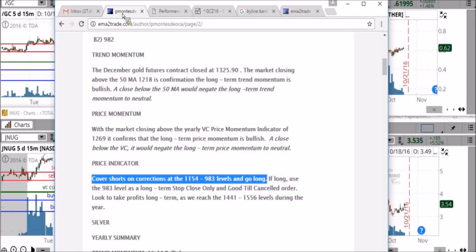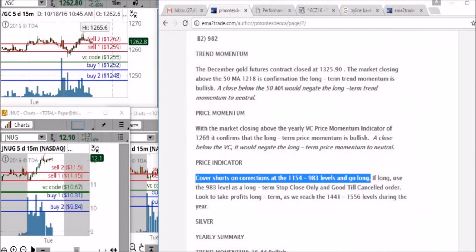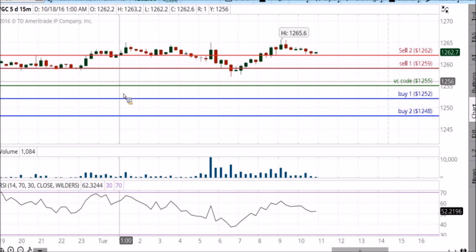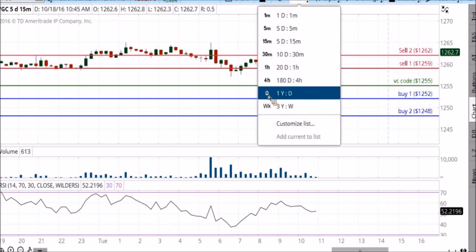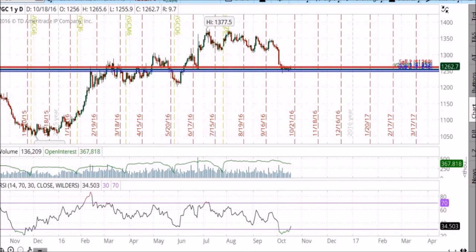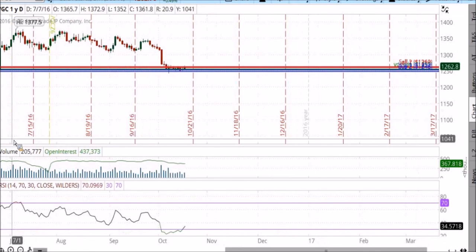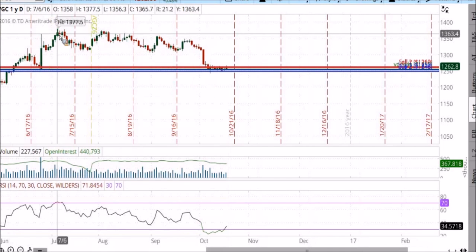Let's go to the trading room here and take a look at the price basically of gold and what has transpired in the last couple of weeks. If we take a look at the daily chart, the high we made here was on July the 6th.